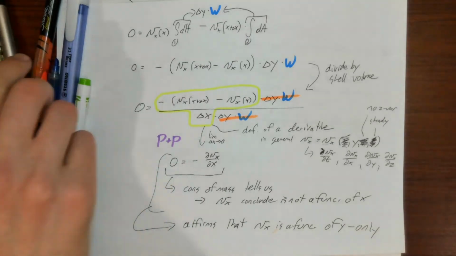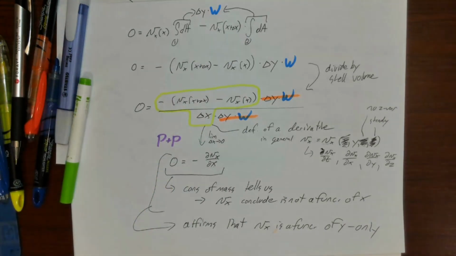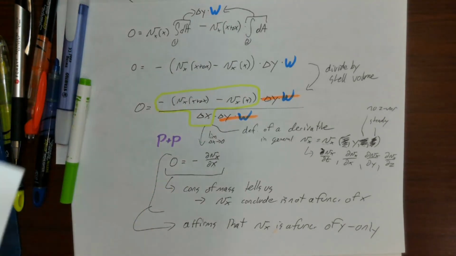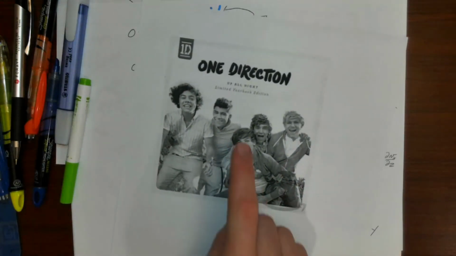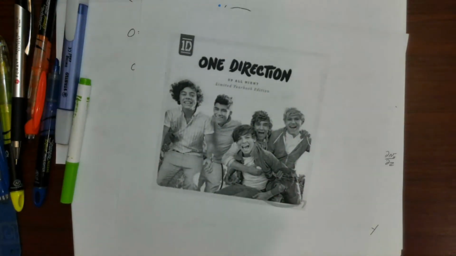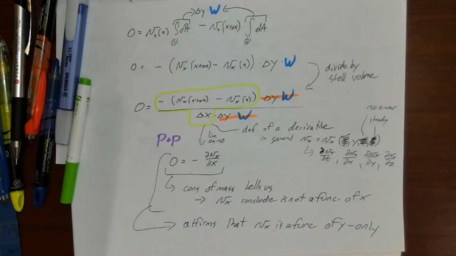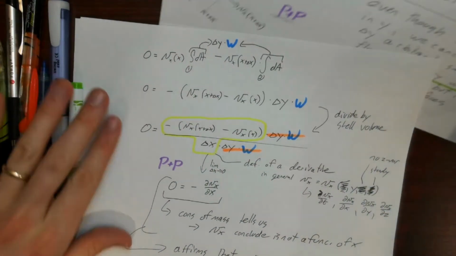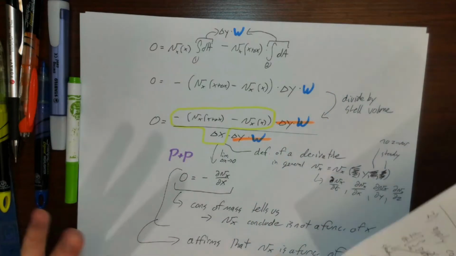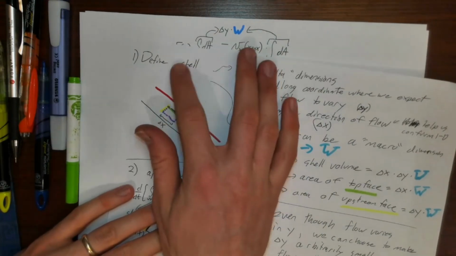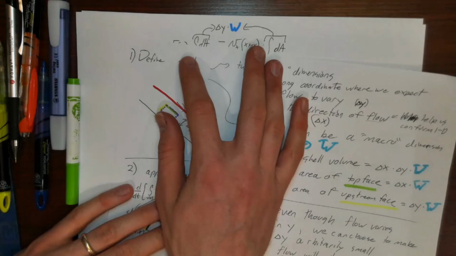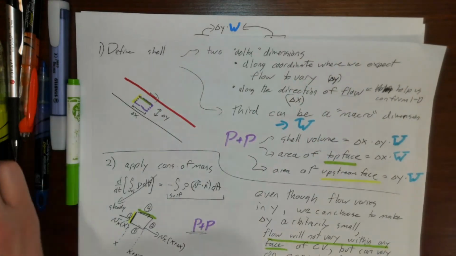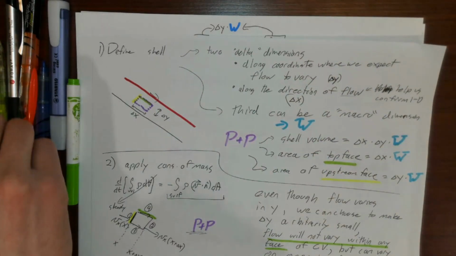And if Vx is a function of y only, then we've successfully described this as a 1D, one-directional flow. So it's a little bit circular, but everything is in order. This just affirms how safe we can feel about our shell's approach for this problem.